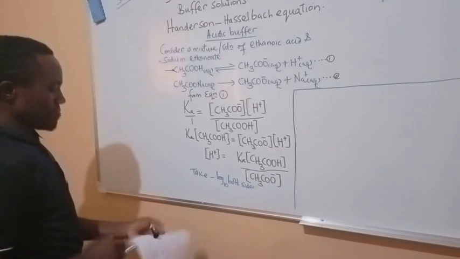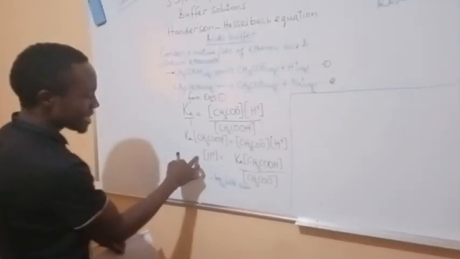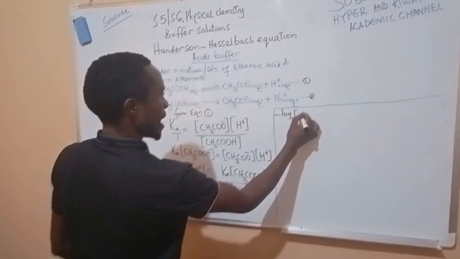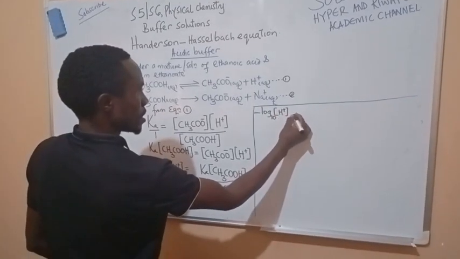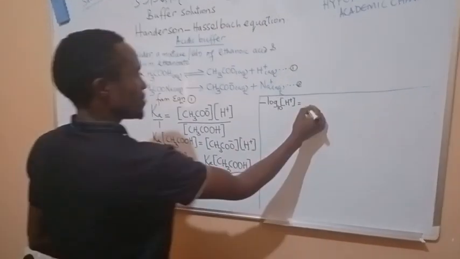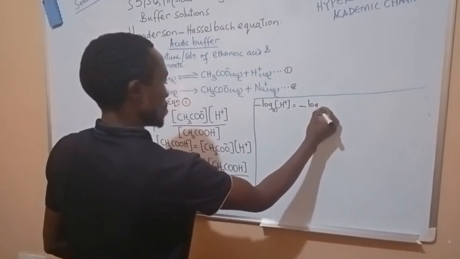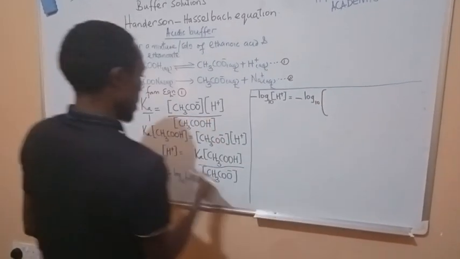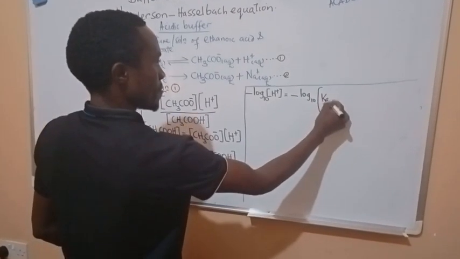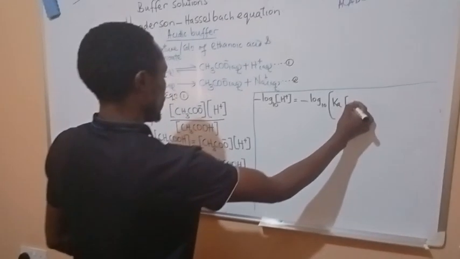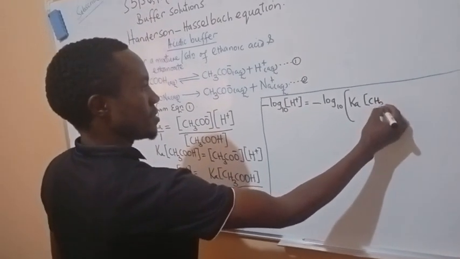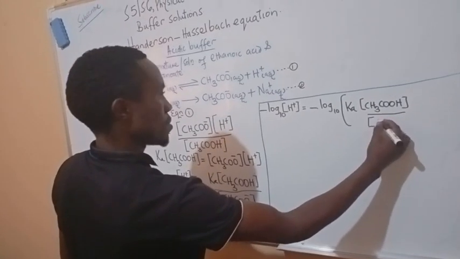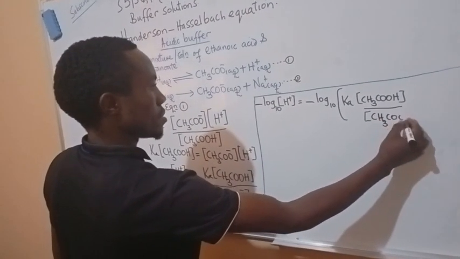If we take the logarithm to base 10 on both sides, it means that we shall have the negative logarithm to base 10 of hydrogen ion concentration equal to the negative logarithm to base 10 of Ka times the concentration of ethanoic acid out of the concentration of ethanoate ions.